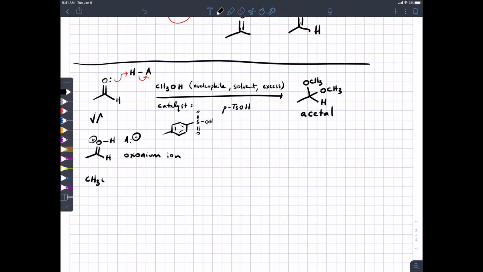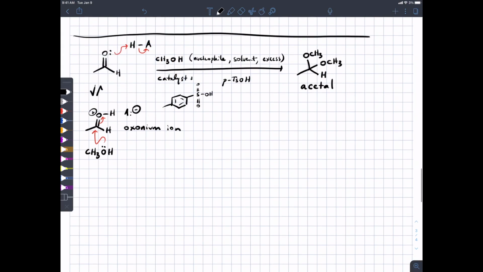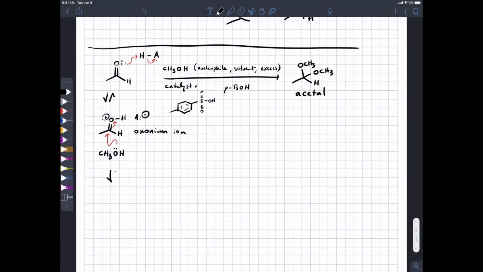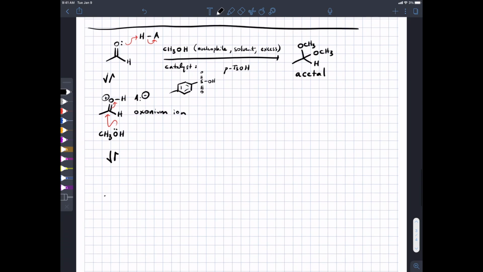But if instead we used alcohol, the methanol molecule, as our nucleophile, we have it attacking the pi star at the carbonyl carbon. That breaks the carbon-oxygen pi bond.